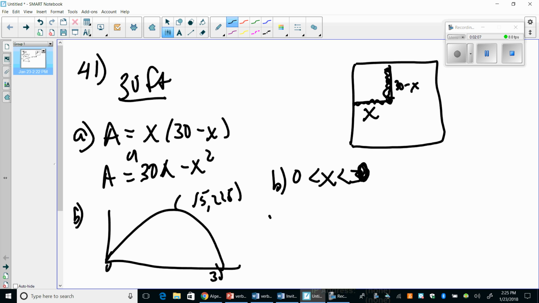And then part C, they want you to use this graph over here to determine the dimensions that yield the maximum area. So it looks like this high point here, which they've already found, is at (15, 225).